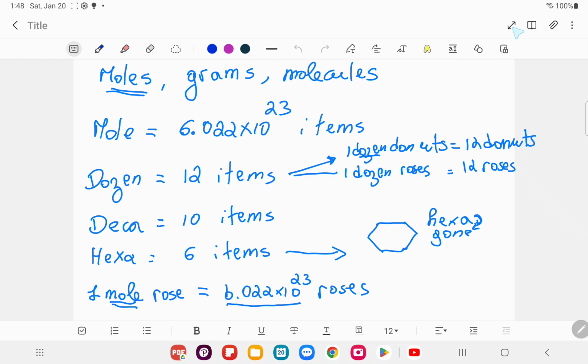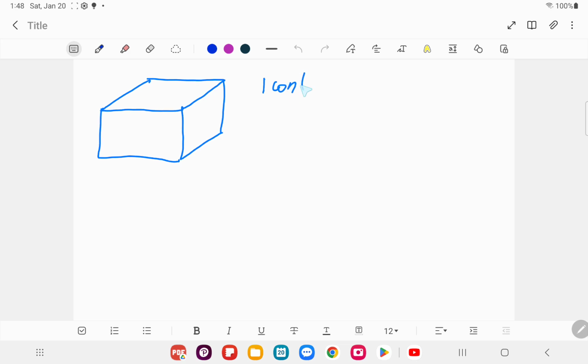So moles, we defined it. I can also say that if I have this container, and I represent it as the Dunkin' Donut box, this is 1 container, and if I put in there 12 donuts, then the container is, I'm sorry, not 1 mole.